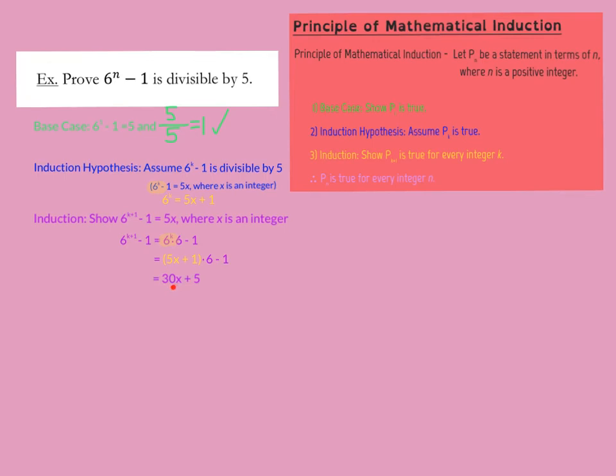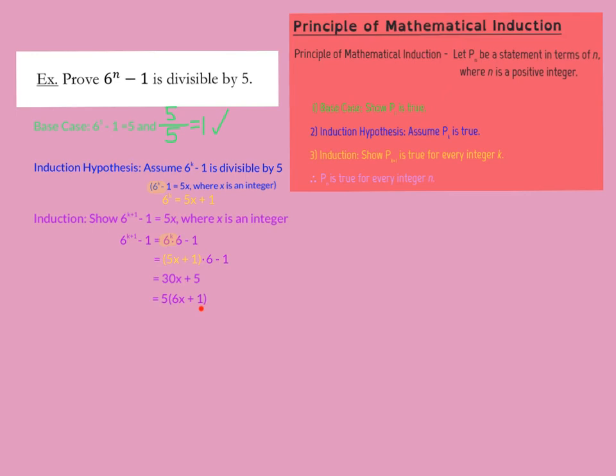What do you notice about 30 and 5? That's right. They both have 5 as a factor, so we can actually factor out a 5. After factoring out the 5, I get 5 times 6x plus 1.